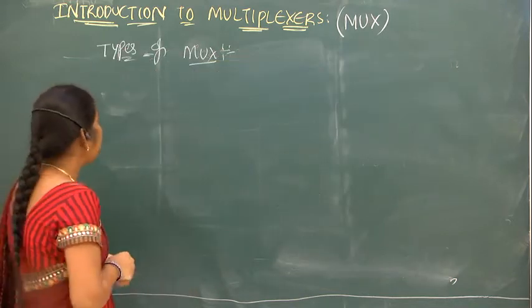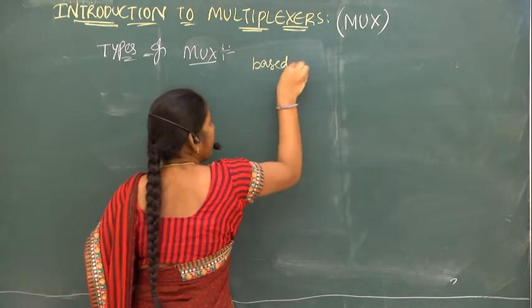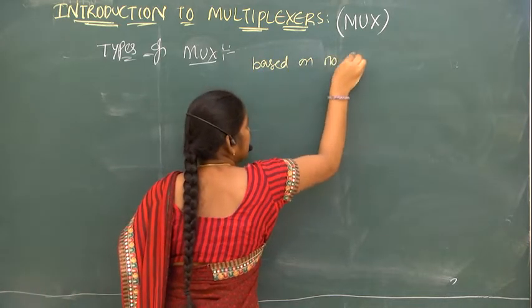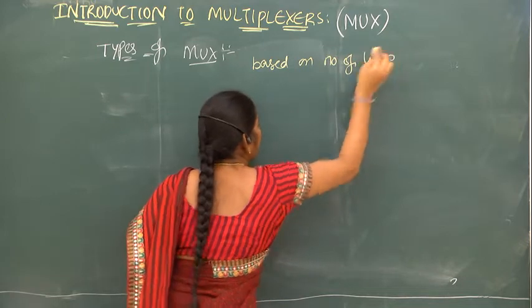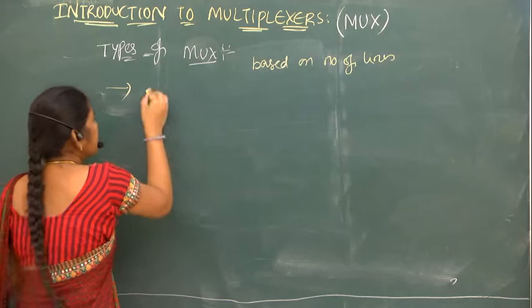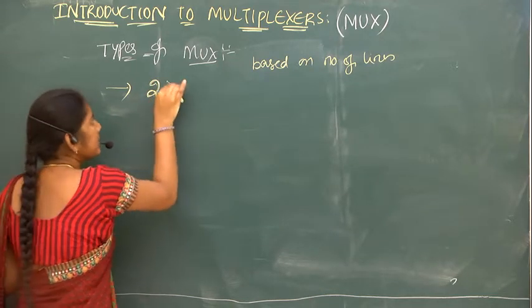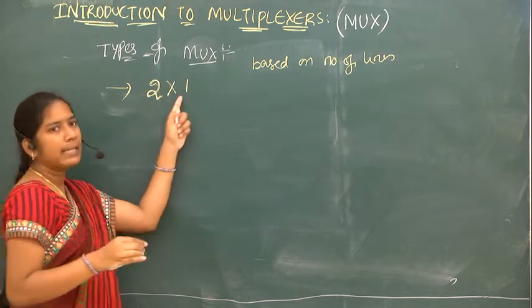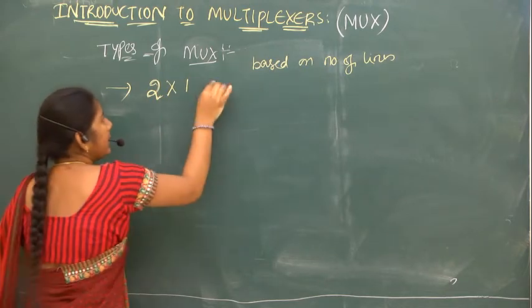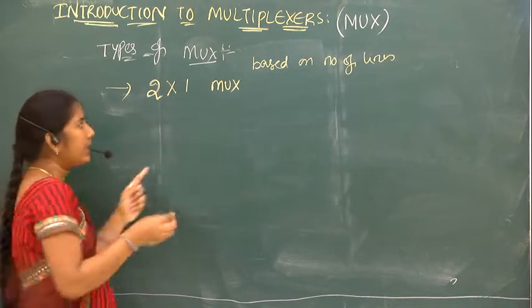Here, the types are always based on the number of input lines. If you are having 2 input lines and a single output line, then the type will be 2 cross 1 mux, right?